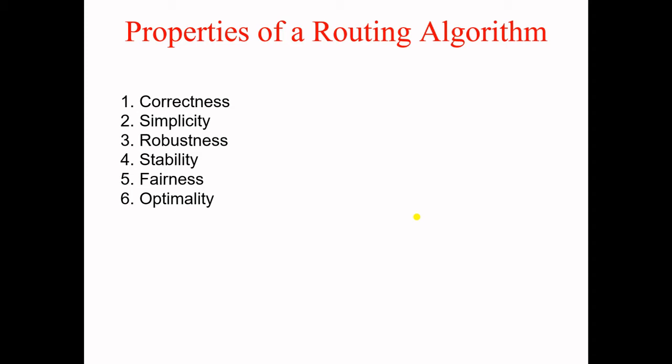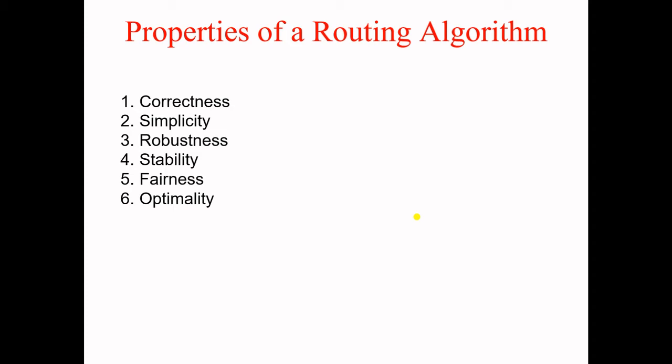Now the last property of a routing algorithm is optimality. What do you mean by optimality? The routing algorithm should be optimal in terms of throughput and minimizing packet delays. Here there is a trade-off and one has to choose depending on suitability. What do you mean by throughput?